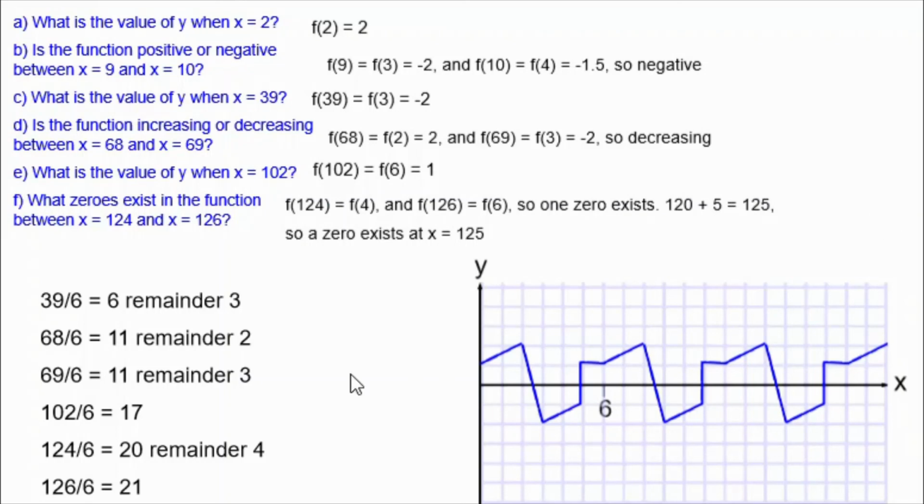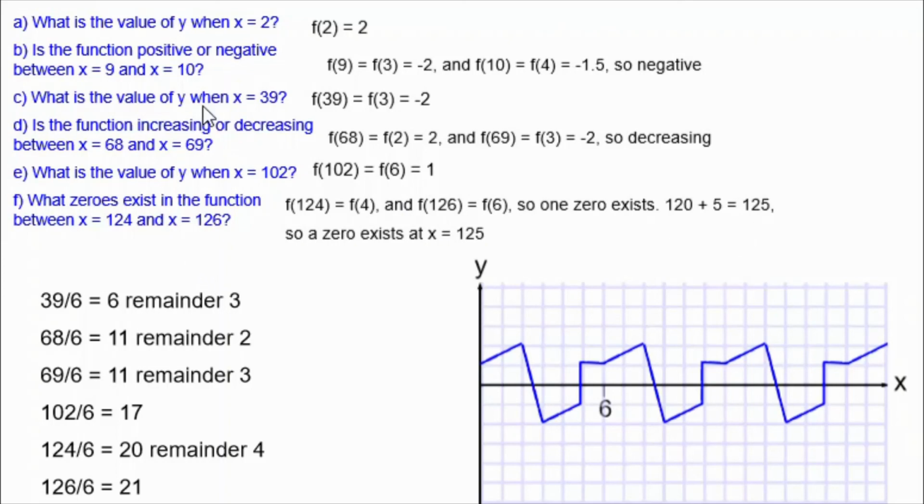Since a 0 exists between x equals 4 and x equals 6, the 0 that exists there is at 5. Therefore, in the period between 124 and 126, there has to be a 0 at x equals 125. 125 is the 0 in that interval.